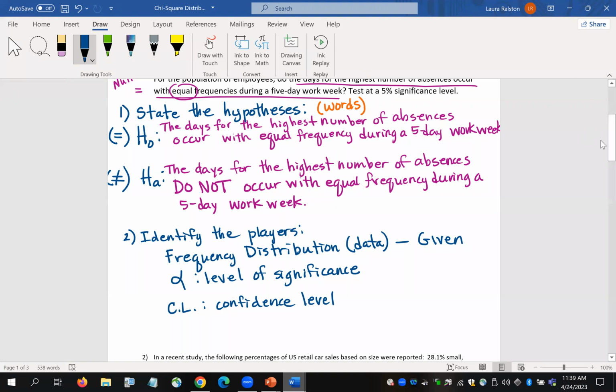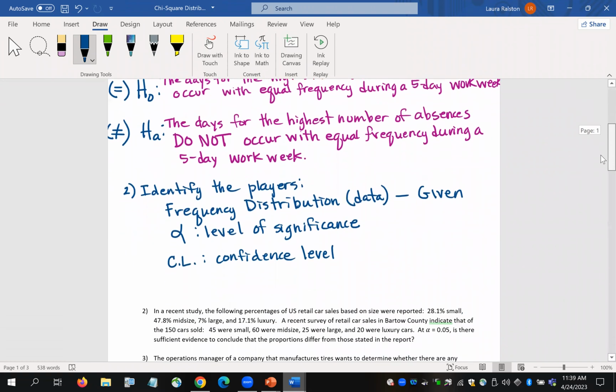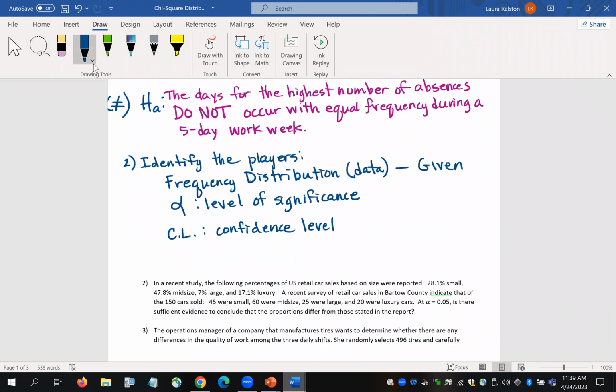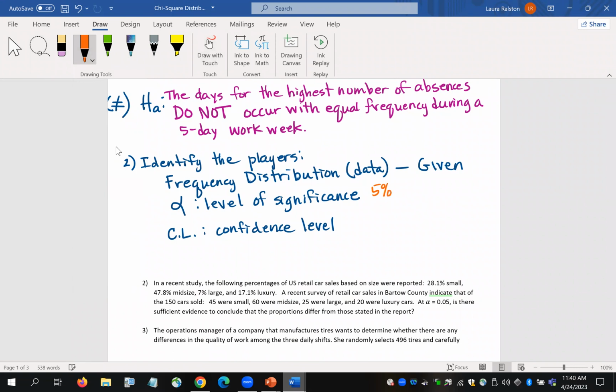Okay, so I have my table. Okay, here's my data. This is my data, the table that's given in the problem. It says test at 5% significance level. So my level of significance is 5% or 0.05. And then my confidence level is 95%.